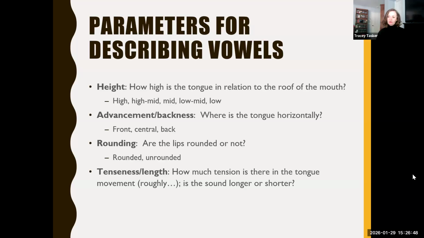We also talk about whether vowels are tense or lax, okay? And that's really whether there's tension in the tongue. Think of E, which we use a lot because it's a very prominent vowel; we call it a cardinal vowel. Lots of times when we're working with children, we'll use some type of visual to represent tenseness.